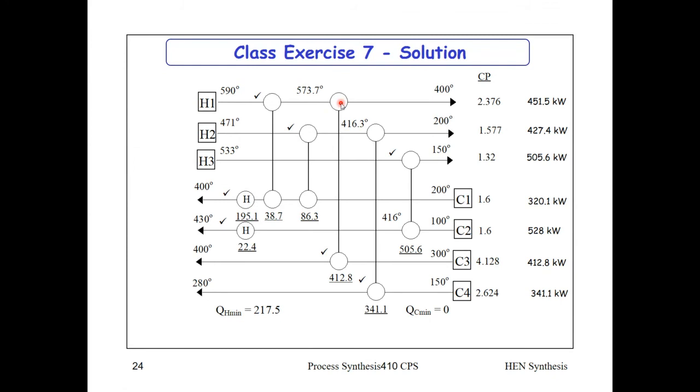So the next one is against the pinch. Now we're going to go for the biggest CP of the cold streams, because remember, CP hot must be less than CP cold. So this is the third heat exchanger, and we've chosen these matches so that every time we have the CP hot greater than the CP cold, we would not be able to match this CP with any of these two.